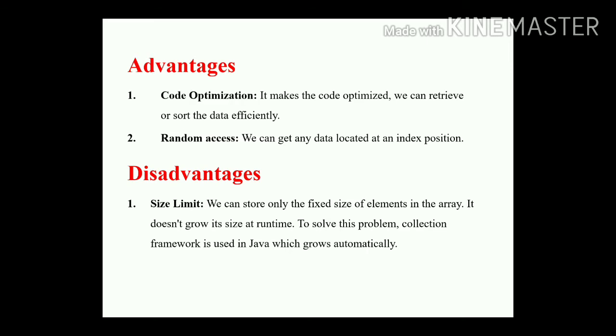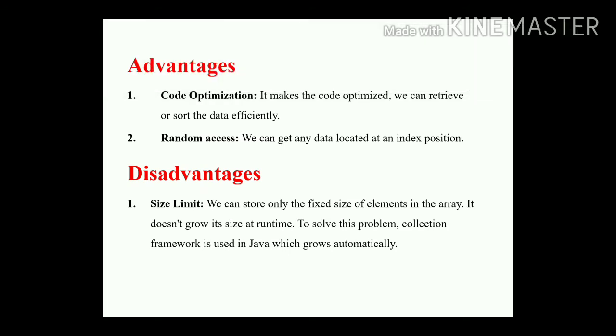Sorting means if we have some numbers in an array in unsorted order, for example the first element is 9, second element is 8, then 2, 1, it can be sorted as 1, 2, 8, 9. The main advantage of the array is code optimization.